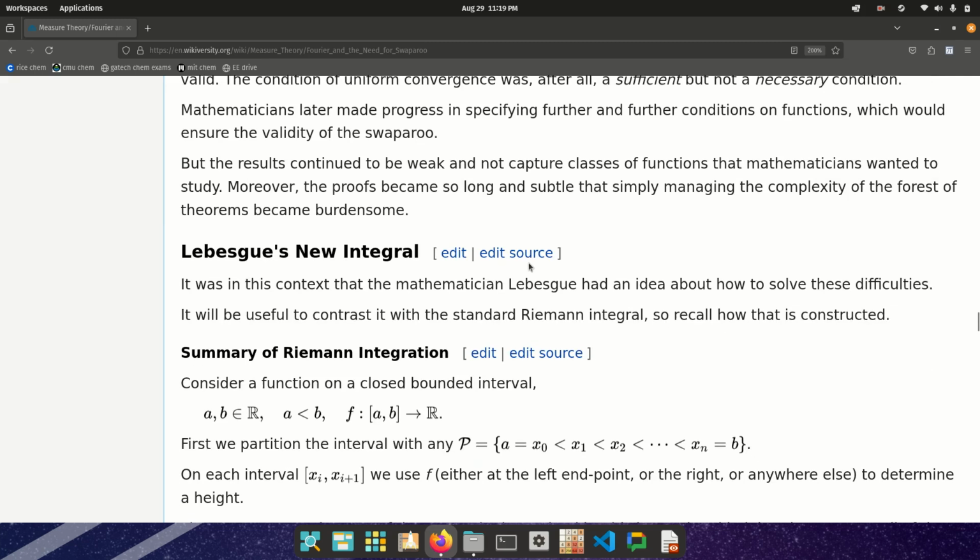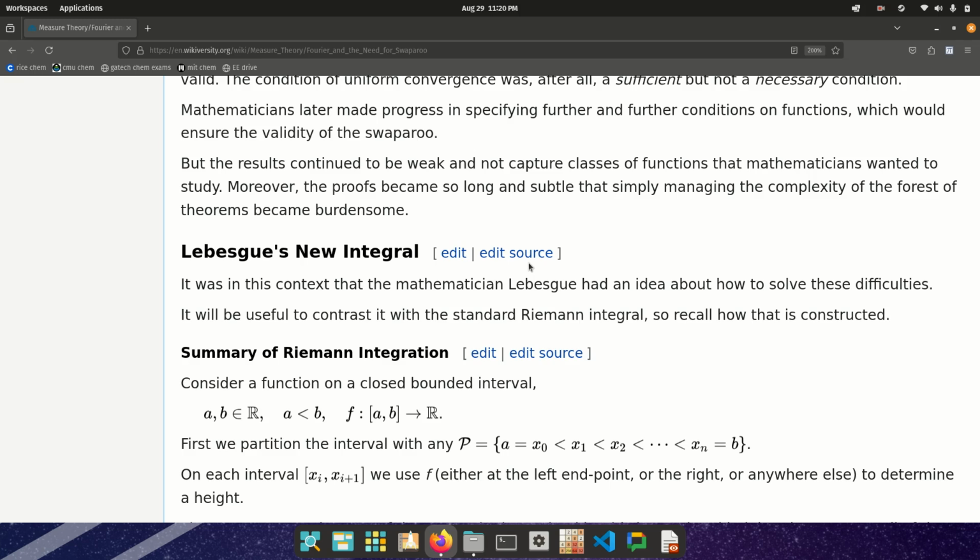The proofs would make such specific constraints on the sequence of functions, so you're getting very rare and unusual sequences of functions. And the proofs are so long and hard that nobody can follow them anymore. The reward per unit of effort was so burdensome that this was starting to become a failed project historically. And this is the environment that Lebesgue entered into.